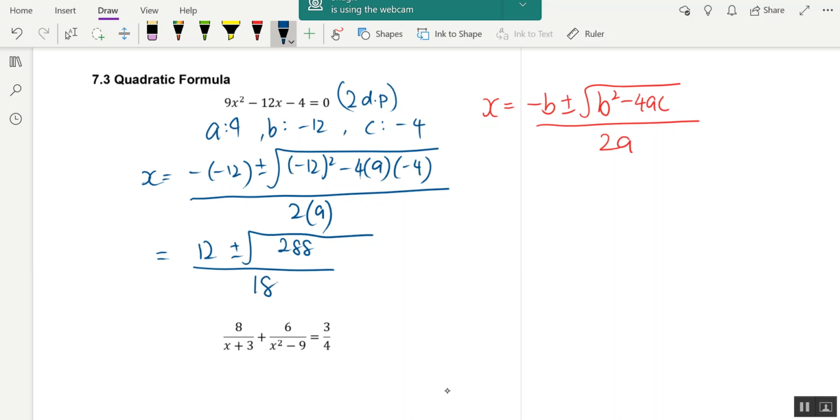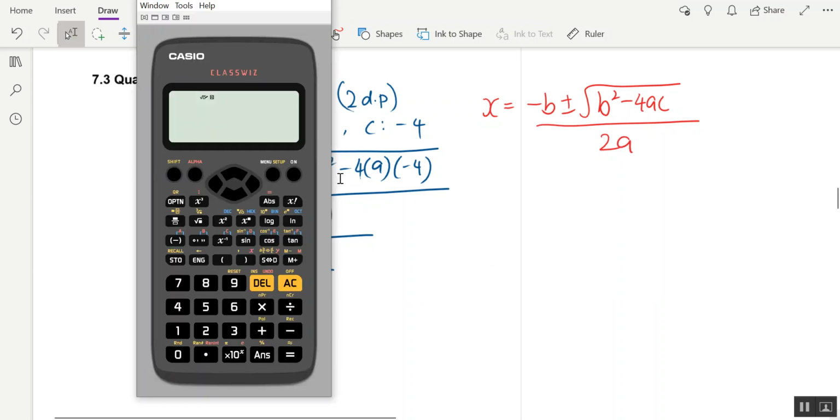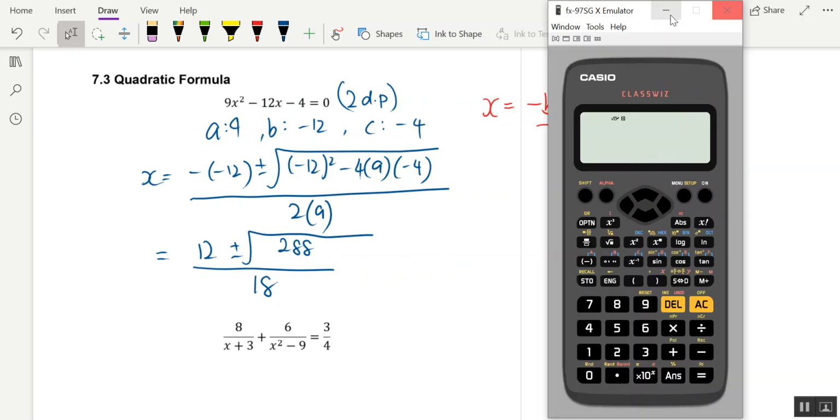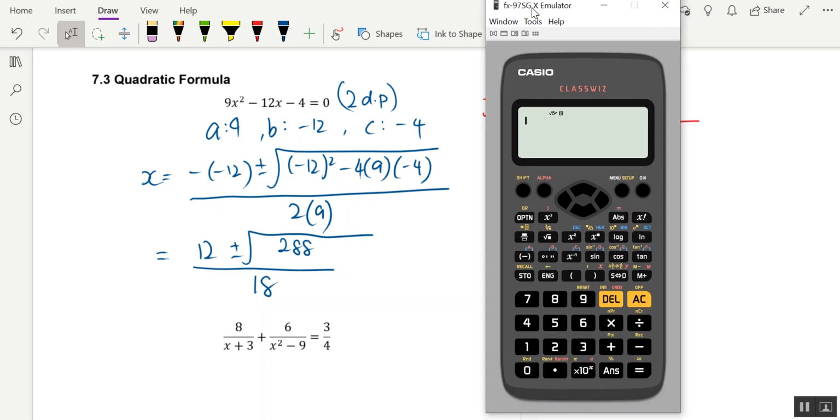over 18. Now at this point I would like you to take out your calculator. If your calculator is the new calculator like mine, then good for you. If not, if your calculator is the Casio FX95, it is called mode 33. If you're my student, you would have known. If not, press mode and then equation and then the ax squared plus bx plus c for Casio FX95.